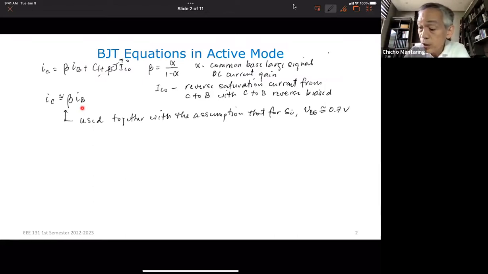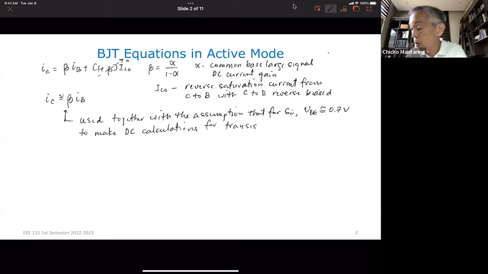So we use this equation together with this assumption that VBE is approximately equal to 0.7 volts to make DC calculations for transistor circuits. In other words, when the signals in our transistor circuit are DC, not time varying, then we can assume this together with this.